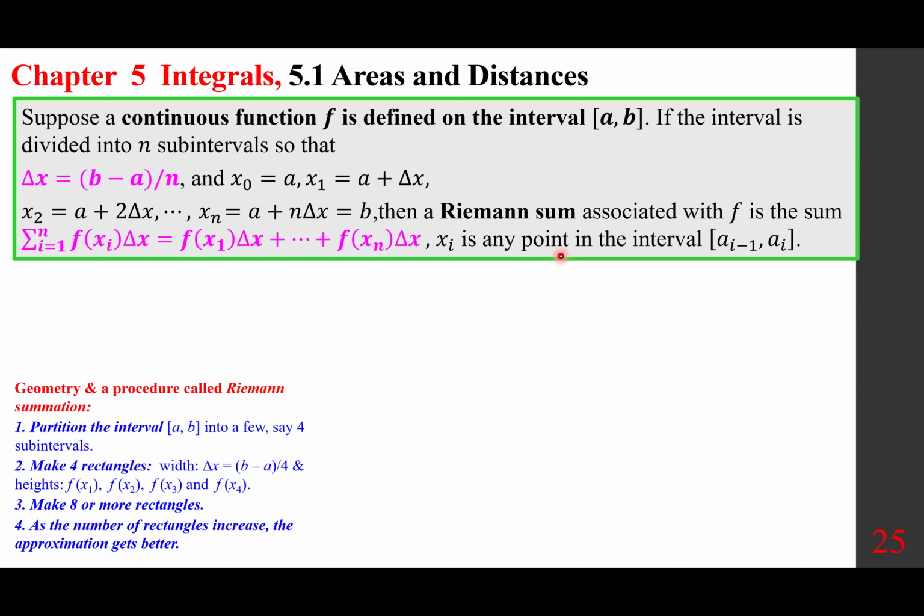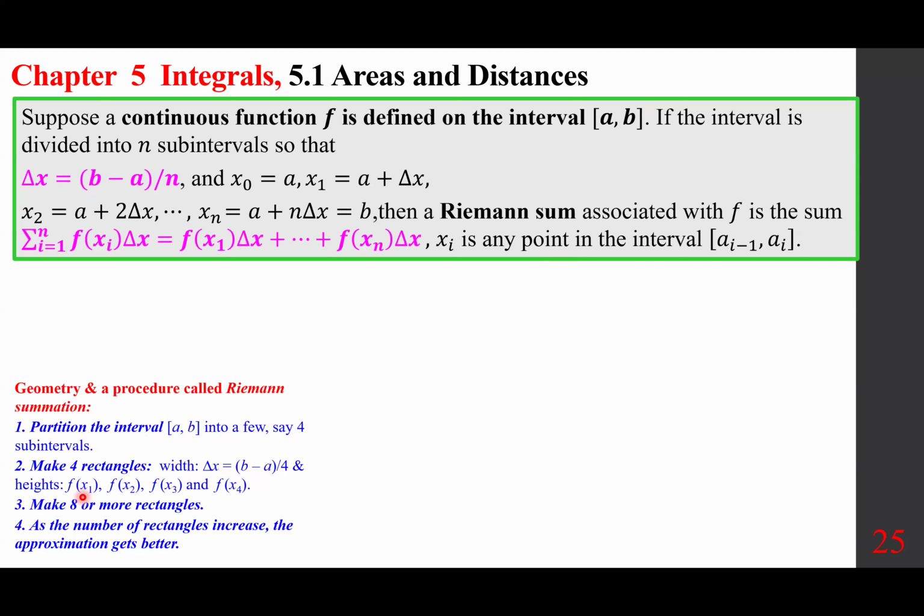Geometry and a procedure called Riemann sum. Number one, partition the interval a to b into a few, say 4 subintervals. That's an example. Make 4 rectangles. The width becomes delta x equals (b minus a) divided by 4.